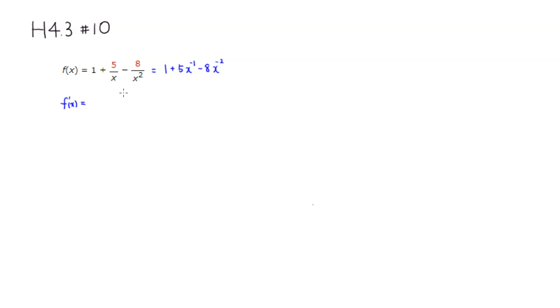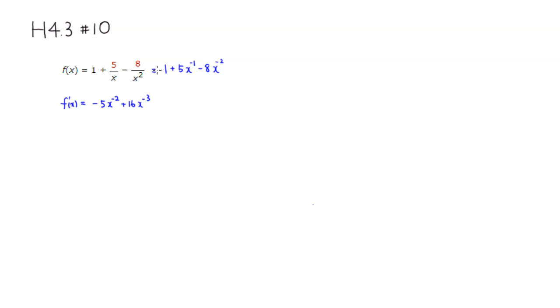If you take the derivative, the derivative of 1 is 0. The derivative of the next term is, put the negative sign in front, so it's negative 5 x to the negative 2. And then the derivative of the last term would be negative 2 times negative 8, which is positive 16 x to the negative 3.